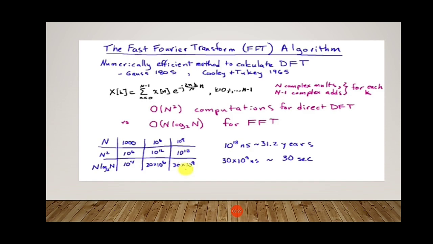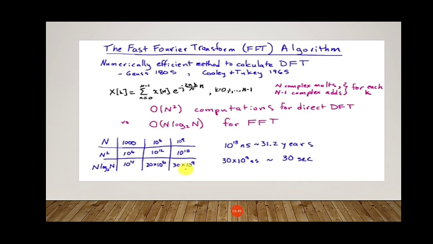Now here, if a table is shown, where if N is 1000, N square is 10 to the power 6 and N log base 2 N will be 10 to the power 4. So there is only a difference of 100.